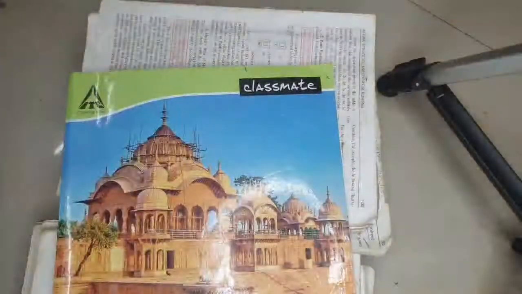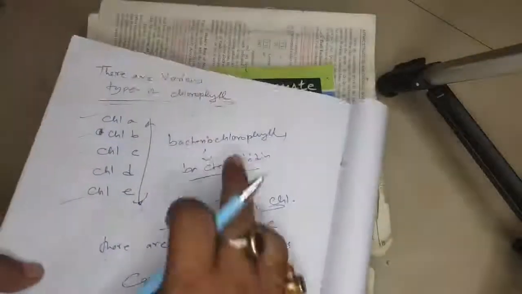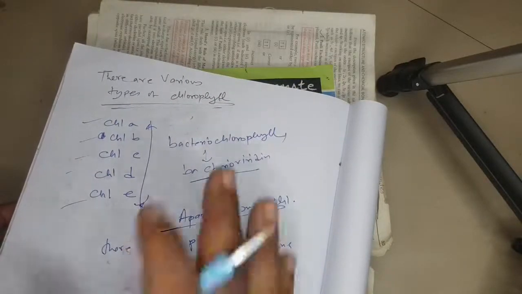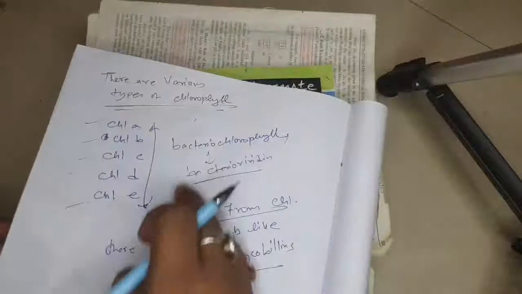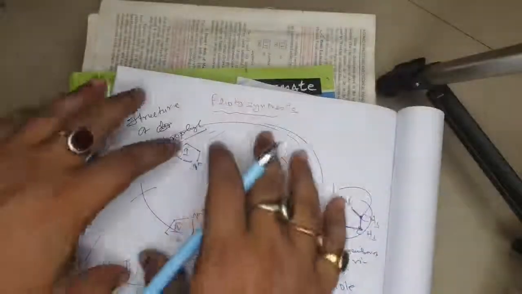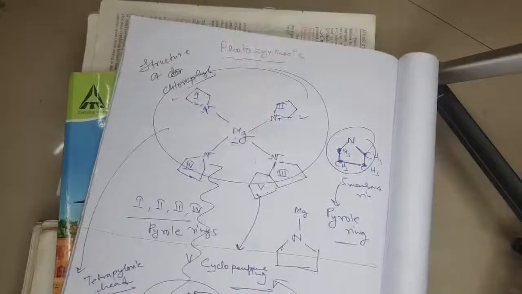Bacteriochlorophyll, as the name suggests, is the chlorophyll of the photosynthetic bacteria. So how are all these chlorophylls different from each other? They are different due to changes in certain small molecular structures.